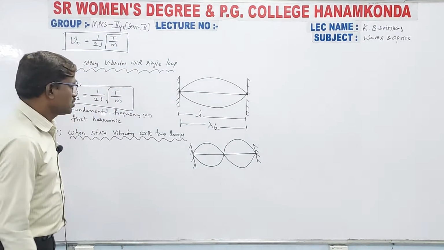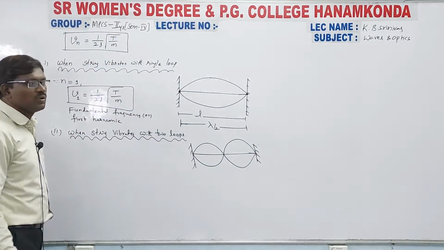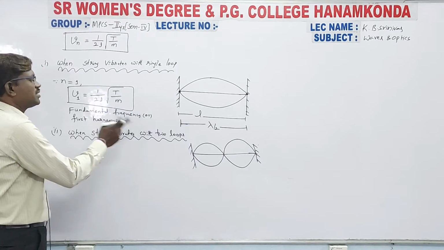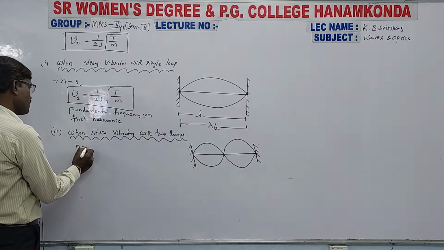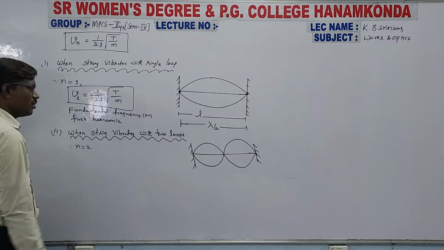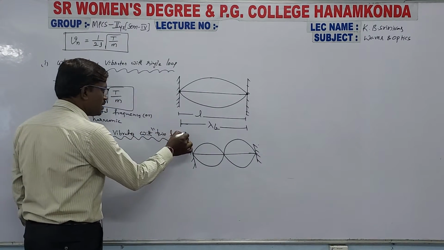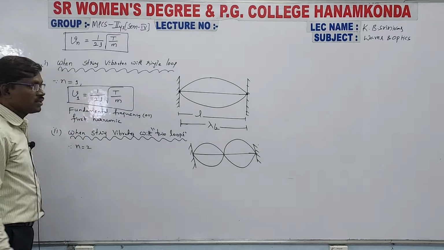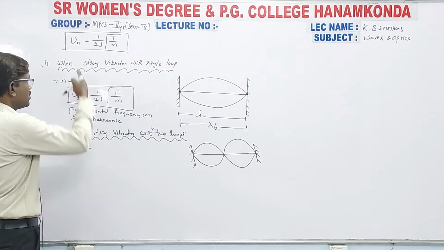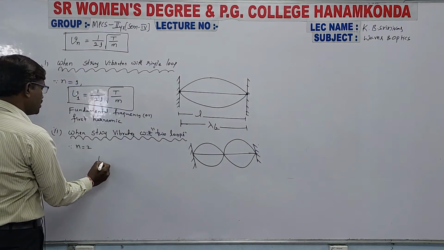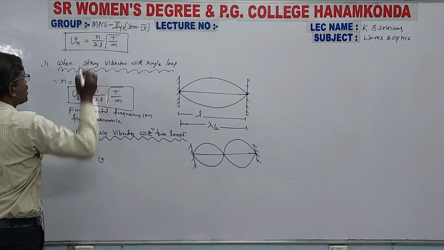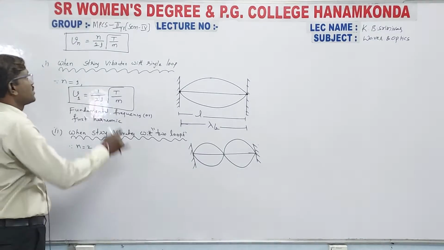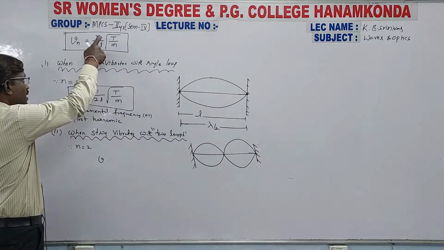When the string is vibrating with two loops, how do we calculate the frequency of the wire? Here in this case, n is equal to 2. Two loops means n is equal to 2. In the previous lecture, I got the expression for frequency of the wire as n by 2L.